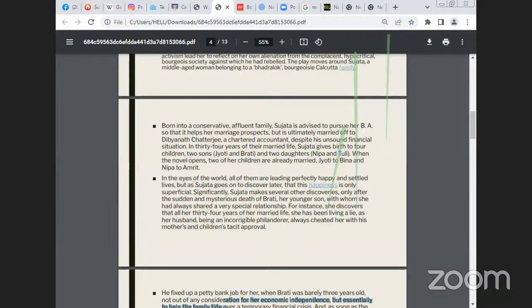So Brathi is living in his college days. He is slowly getting influenced by the Naxalite movement and the Communist Party ideology, the Land Reforms Acts, all the things happening in those days.